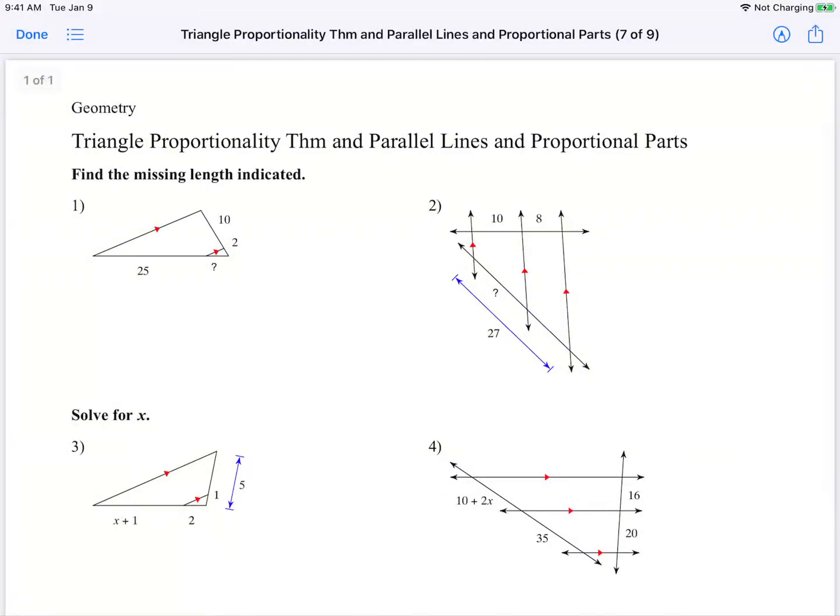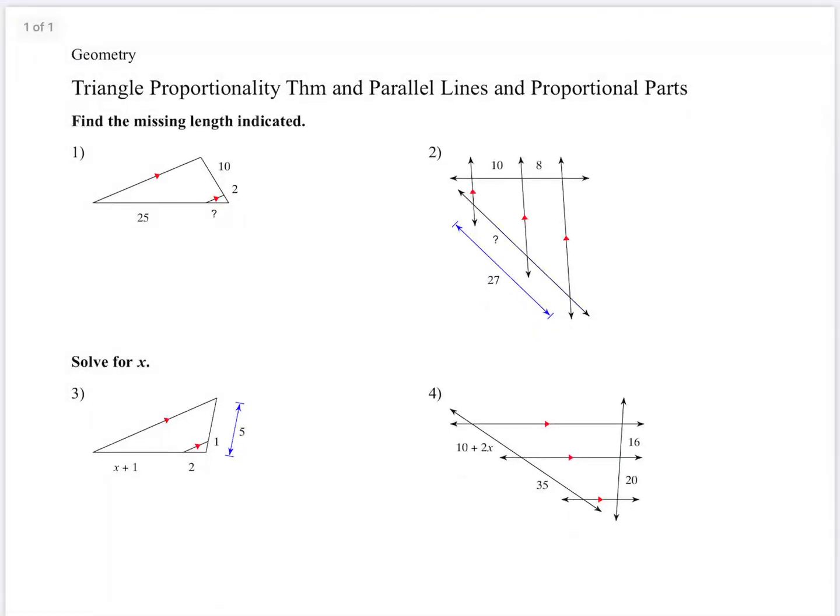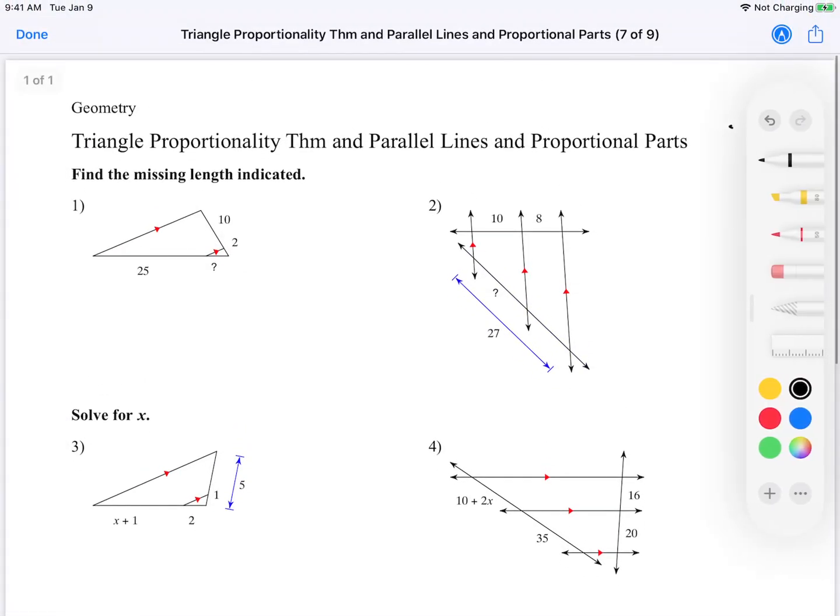So how we can use this idea by using the triangle proportionality theorem. Let's just say I want to find the missing length indicated in this triangle. So again, understanding that the side that's 2 is just this tiny little side over here, what we're really asking for is what that other tiny little side is.